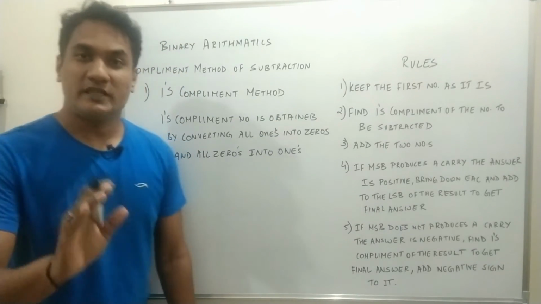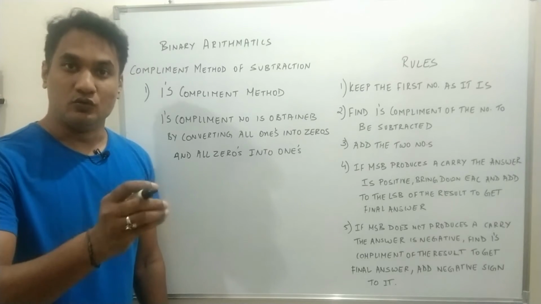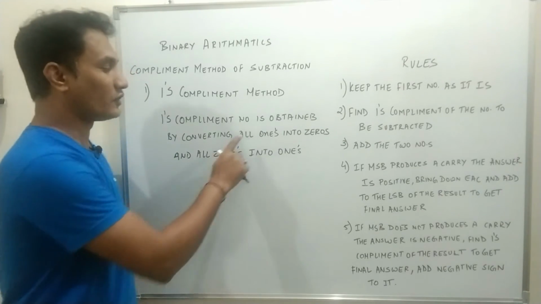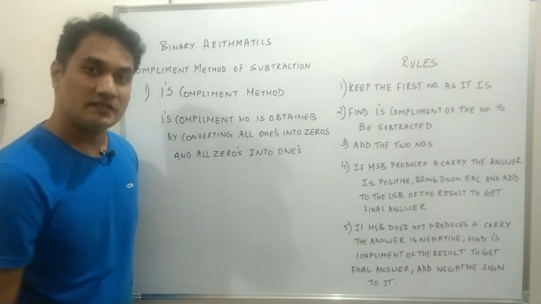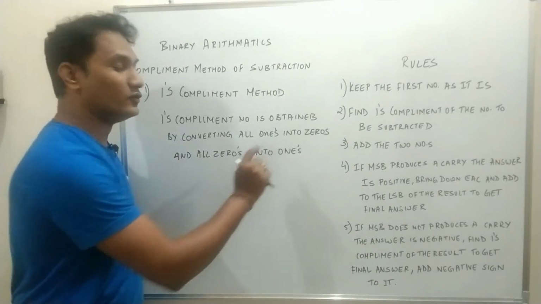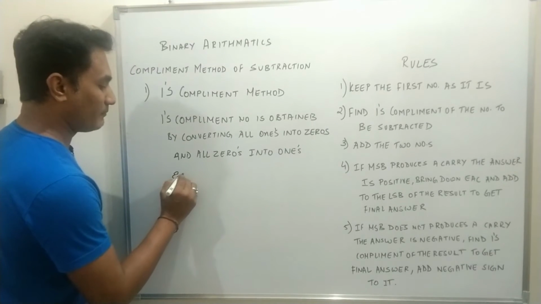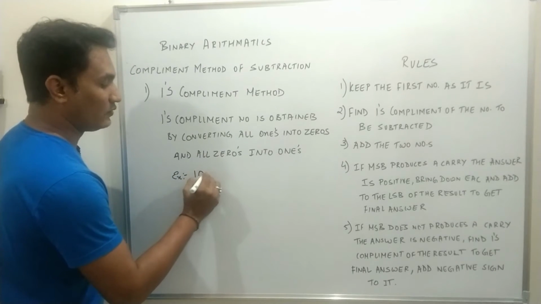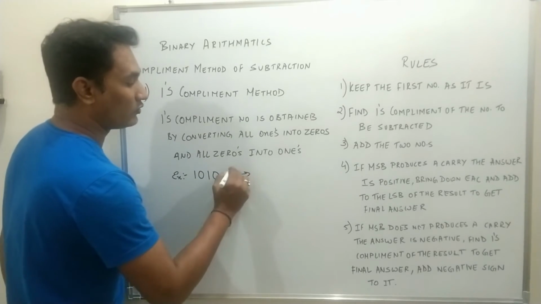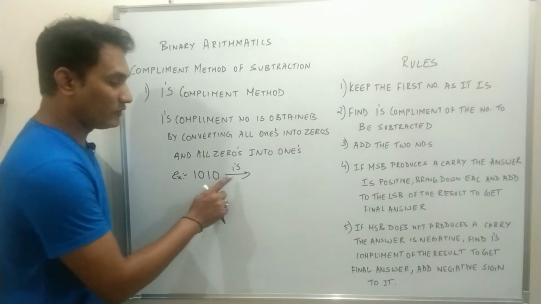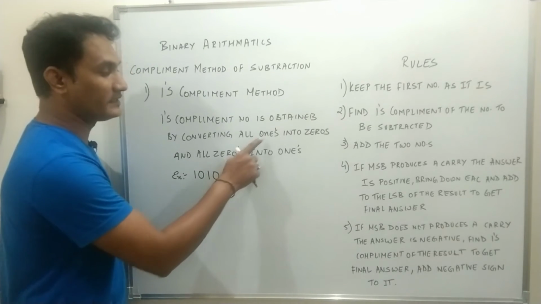So whatever binary number is given to you, if you want to find the 1s complement of that number, you have to convert all ones into zeros and all zeros into ones. If you take an example, say 1010, and you want to find the 1s complement of that number. What will be the 1s complement?